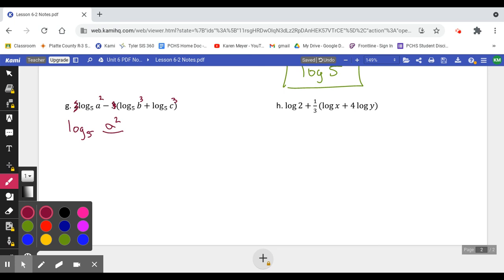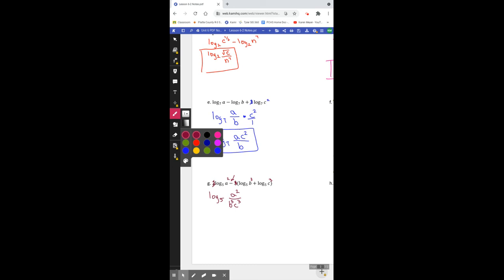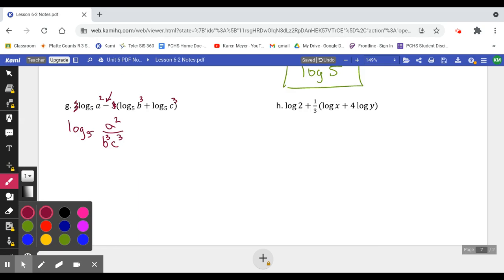Now, do you notice that the B and the C are both in the parentheses and we have that subtraction sign out in front? That subtraction sign means that they're both going to go on the bottom. So you're going to have B to the third times C to the third, but those both have to be on the bottom of the fraction because of the parentheses. So last one.